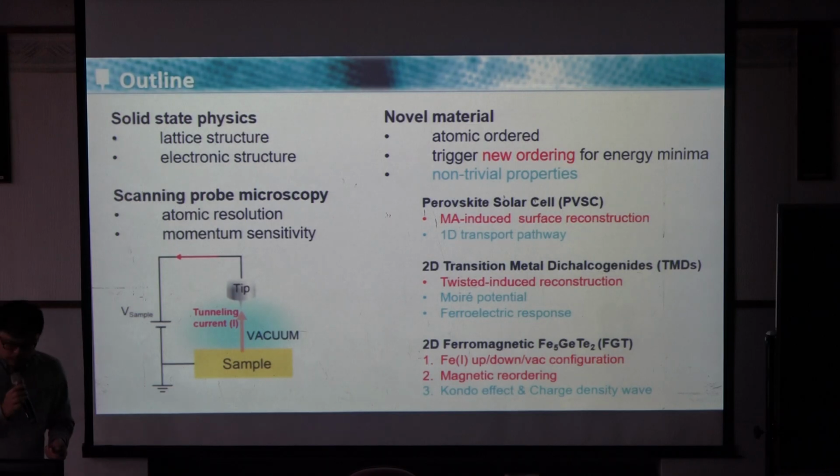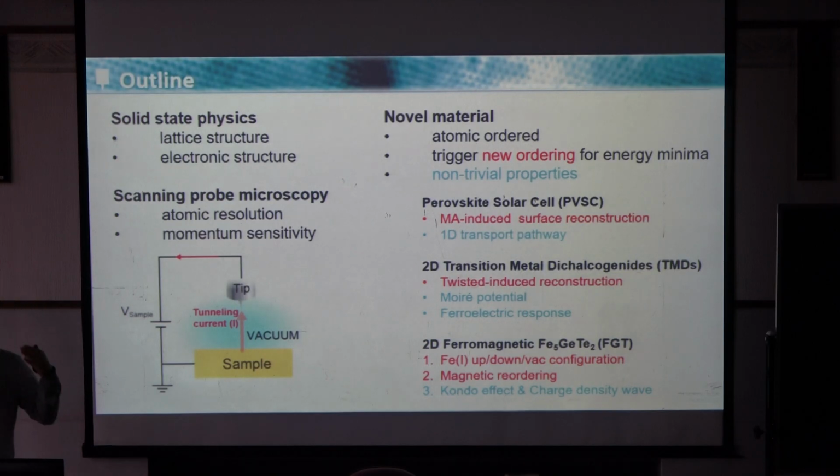In our lab, we focus on three different materials. The first is the perovskite solar cell, the second is the 2D transition metal dichalcogenide material, and finally, the 2D ferromagnetic iron germanium telluride material.